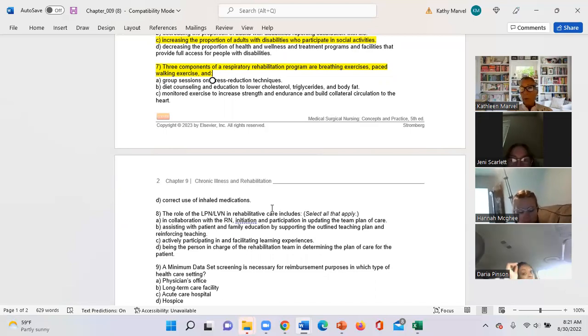Remember, it's respiratory rehabilitation. So they may or may not be ordered medication. But if they are ordered inhaled medication, which they probably will be, you have to make sure that they know how to use it correctly. Otherwise, it's not going to work, right? Does everybody understand that?